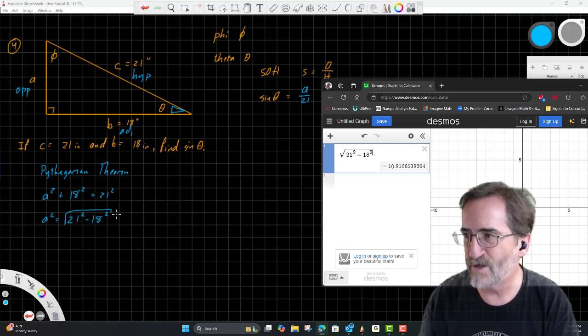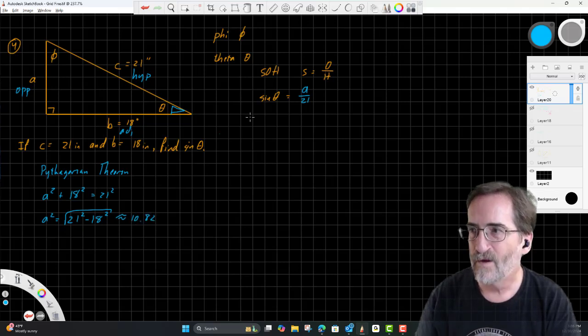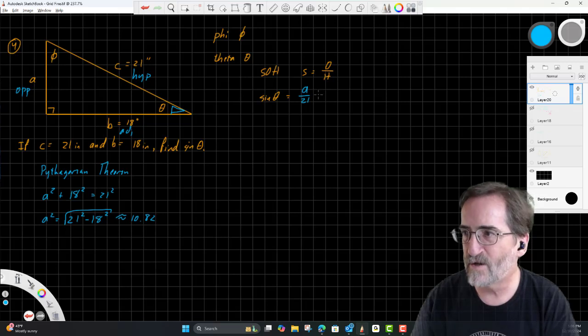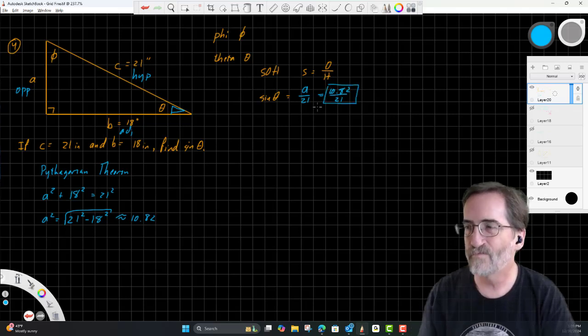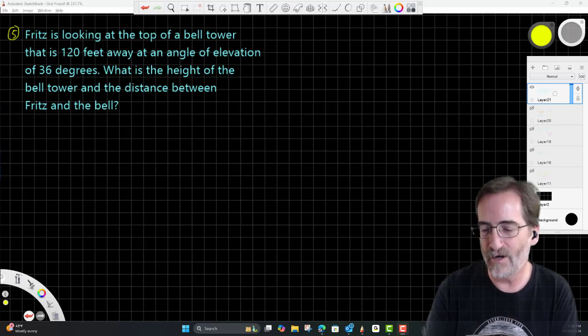Let's go to the nearest hundredth, 10.82. Okay, and so the sine theta is 10.82 divided by 21. And we're going to leave it just like that. That's our sine ratio.